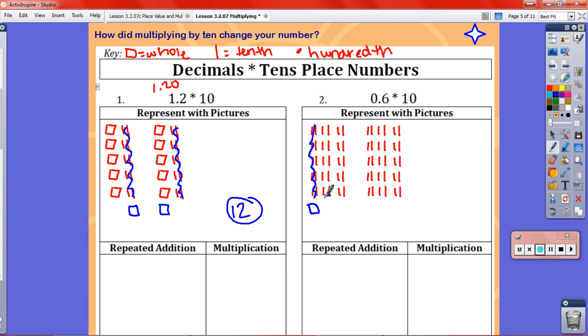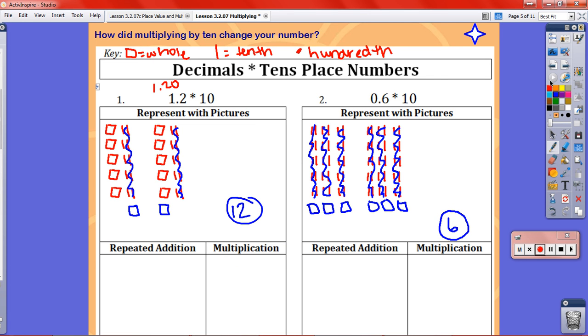Again, 2, 4, 6, 8, 10 gives me a whole, and I repeat this for each group of 10 tenths. I have no tenths left. All I have is 6 wholes, so my answer is 6. And again, same digit, no decimal.